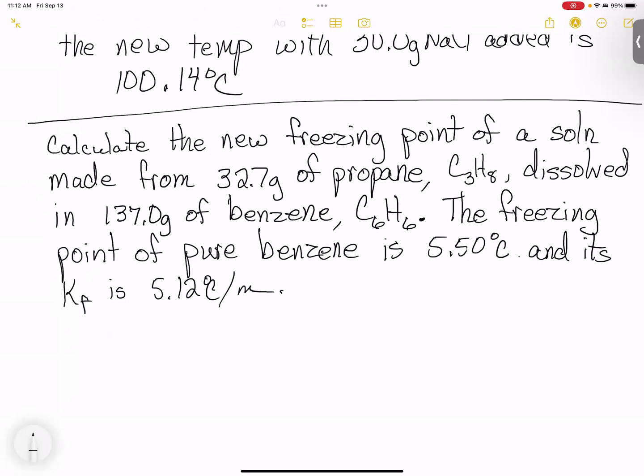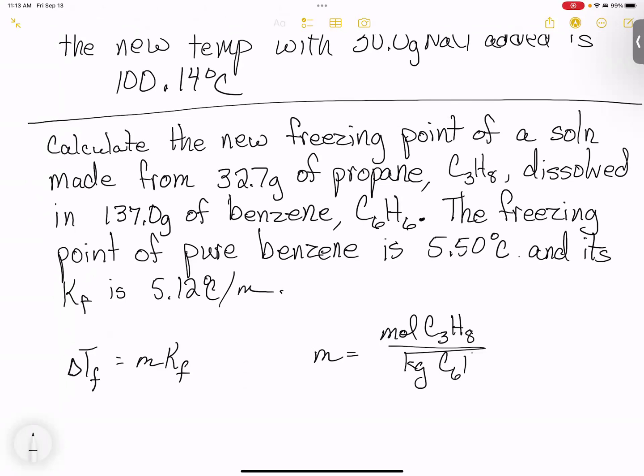Okay. So again, we're using the equation delta TF is equal to the molal times the KF, and molal is equal to the moles of solute, in this case propane, divided by our kilograms of solvent, in this case C6H6.